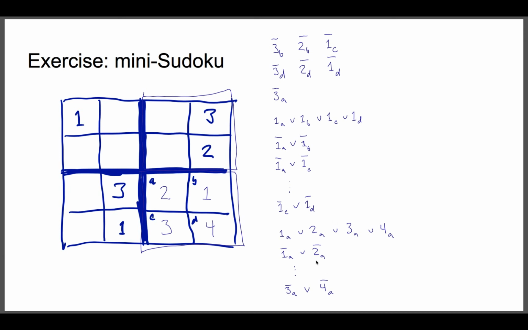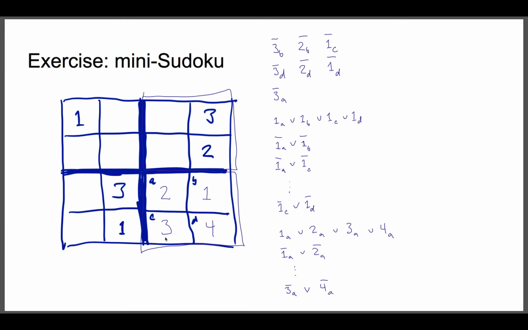And again, we repeat that now for A, B, C, and D. So there's a set of 7 constraints for cell A, another one for cell B, another one for cell C, another one for cell D. And now, given all of this information, we can try and formalize the intuition that we used before.